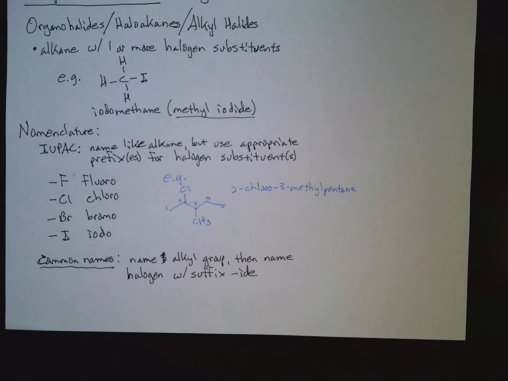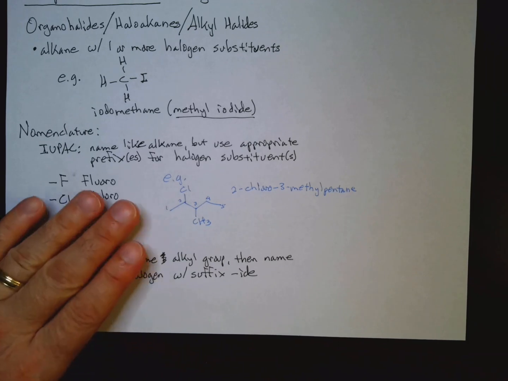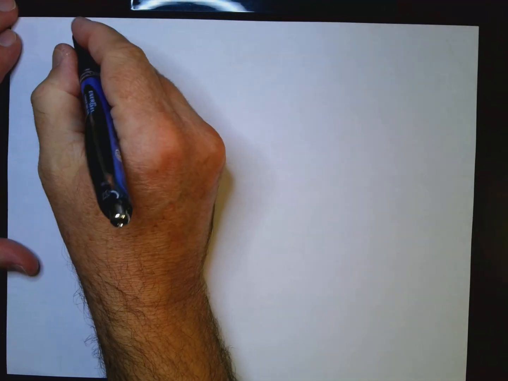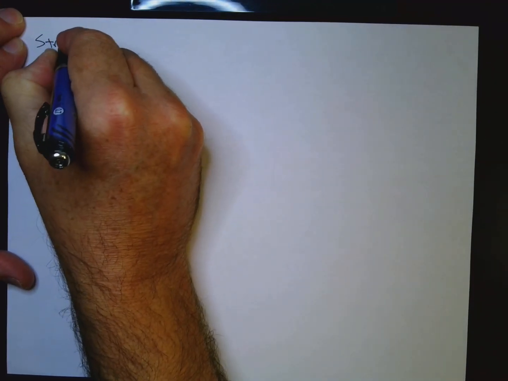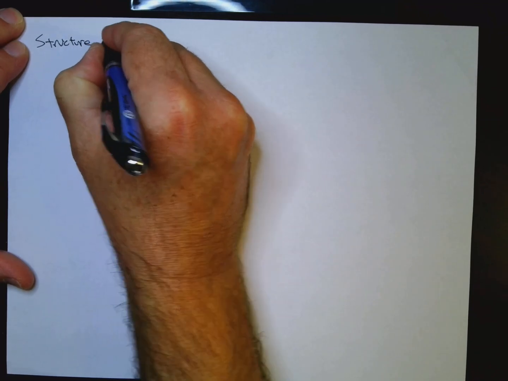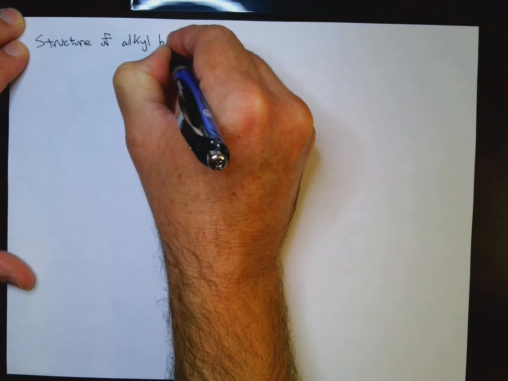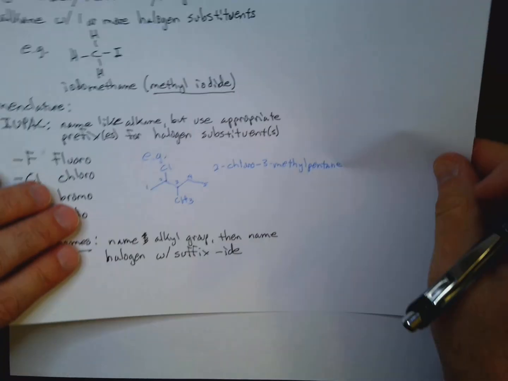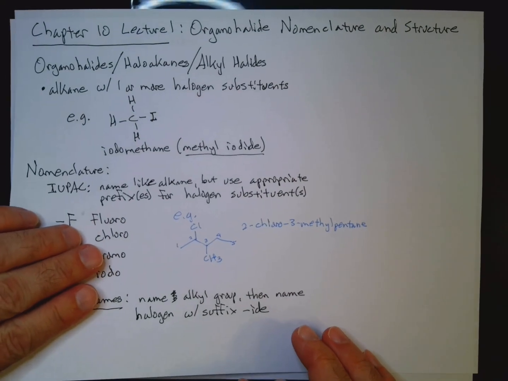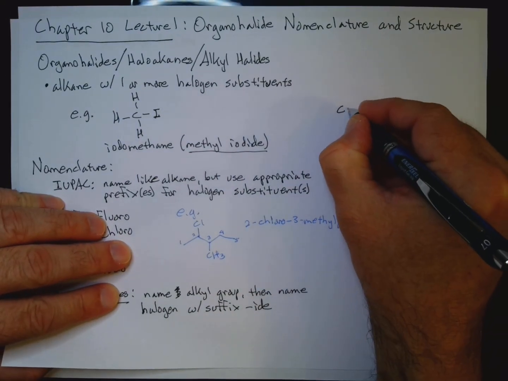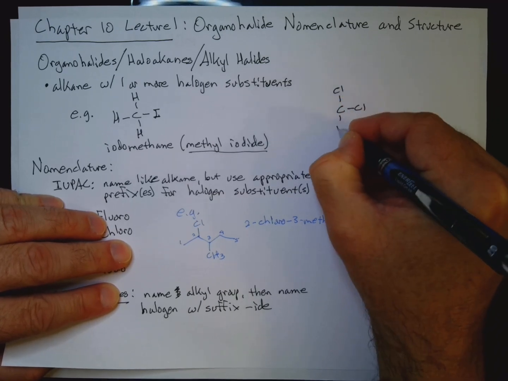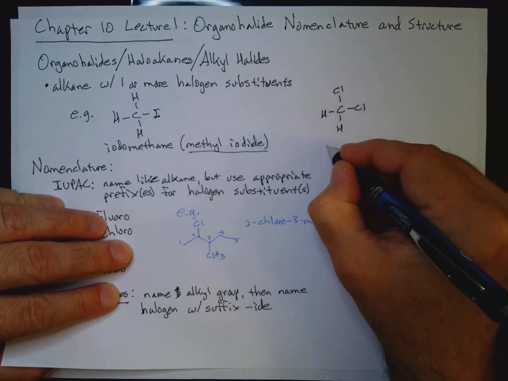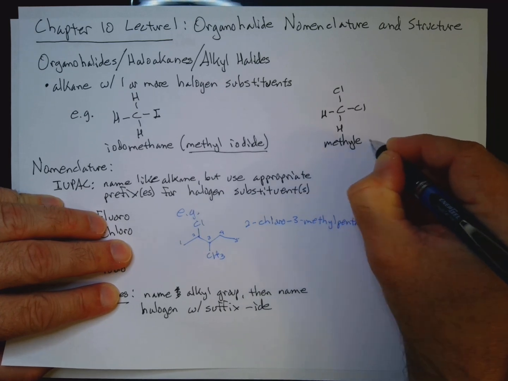All right, so that's nomenclature. And I do want to say a few things about structure. First, I do want to mention just two others here that have common names that you may run across. Dichloromethane is also called methylene chloride.